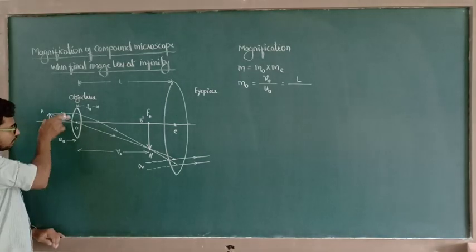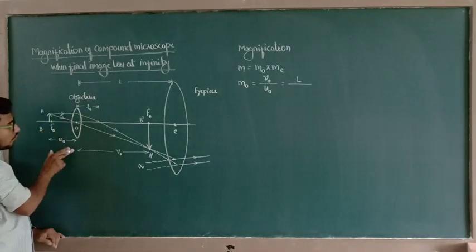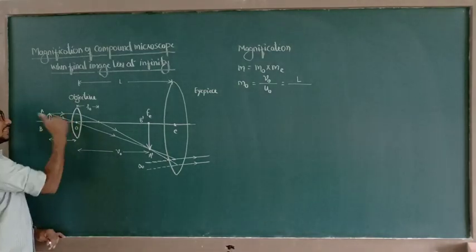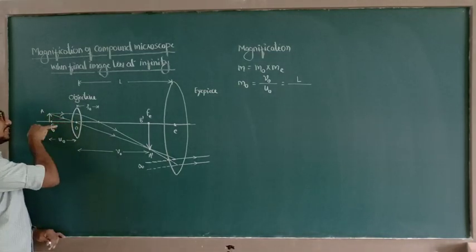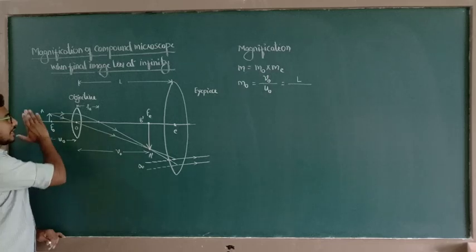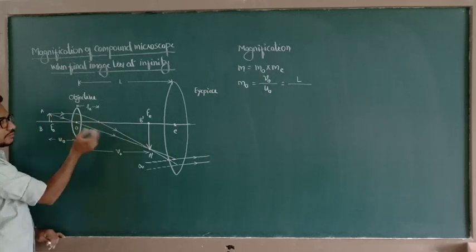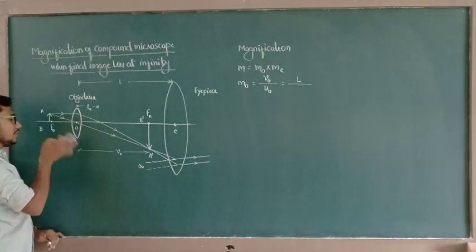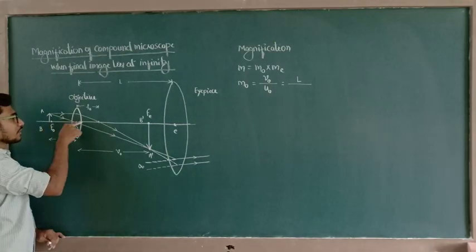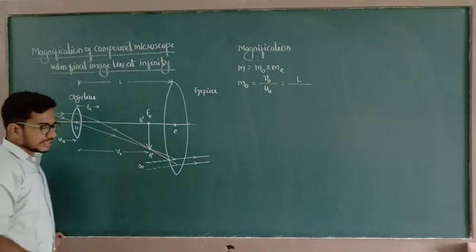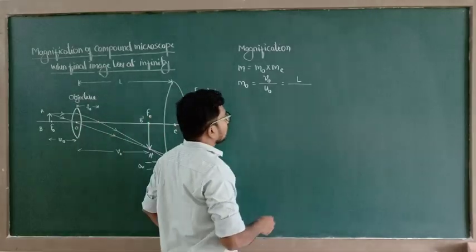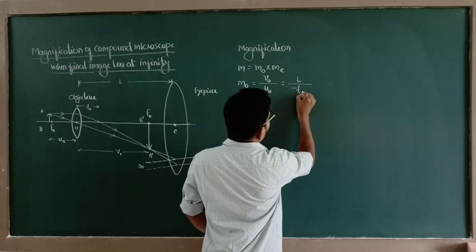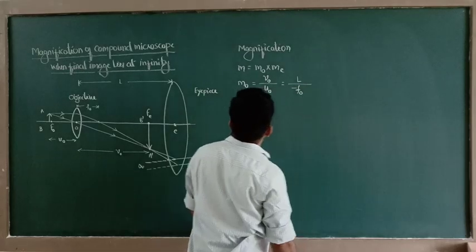Therefore, this object distance is nearly equal to the focal length of the objective. But the direction of measurement of this object distance is right to left, while the direction of the incident light beam is left to right, so both are in opposite directions. Therefore, the object distance carries a negative sign, and U subscript O is equal to minus the focal length of the objective, F subscript O.